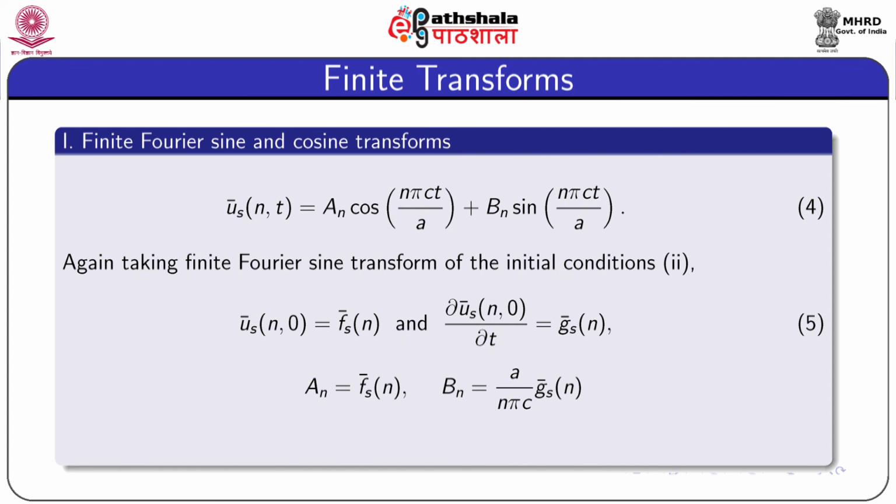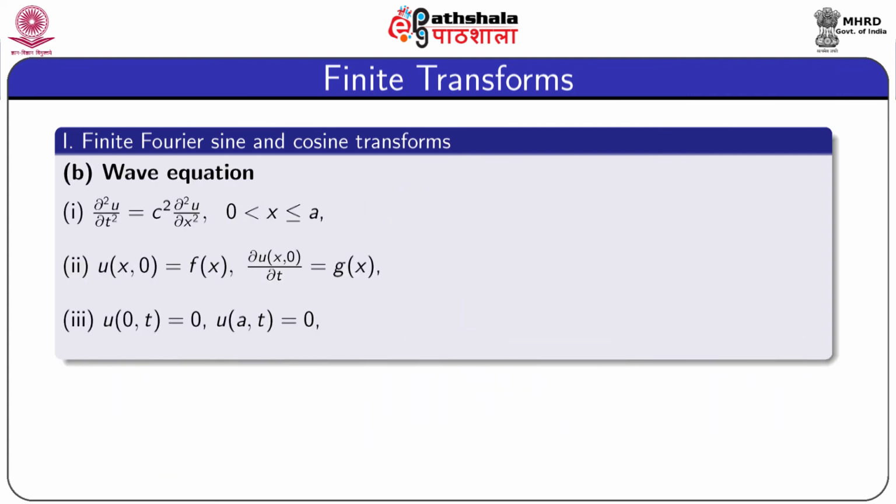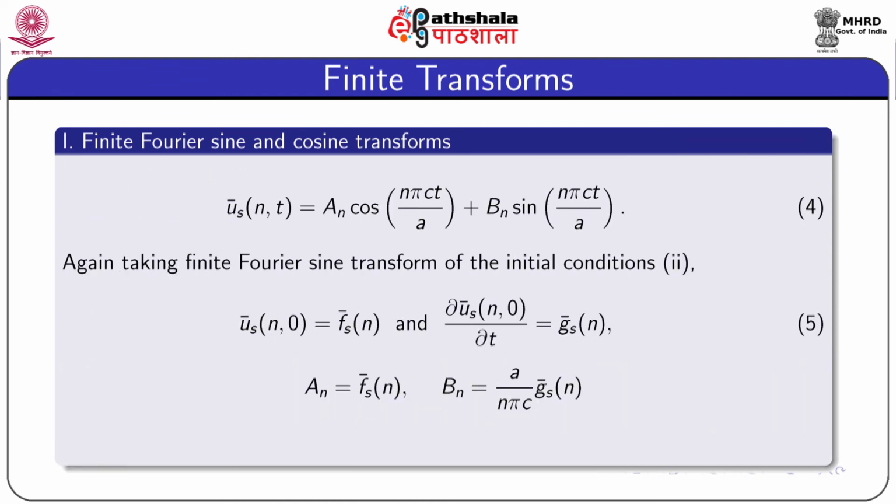The initial conditions are u at x, 0 equals f(x) and del u del t at x, 0 equals g(x). So the finite Fourier transform of these initial conditions gives u_s n,0 equals f_s bar and del t of u_s n,0 equals g_s bar, where f_s bar and g_s bar are the finite sine transforms of the functions f(x) and g(x) respectively.